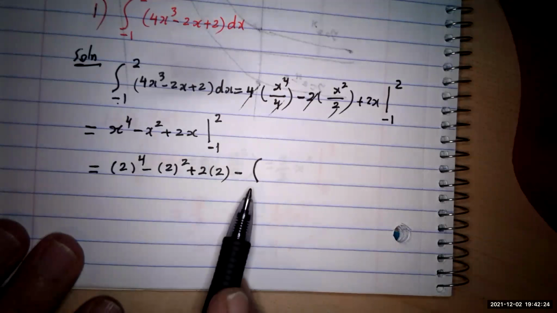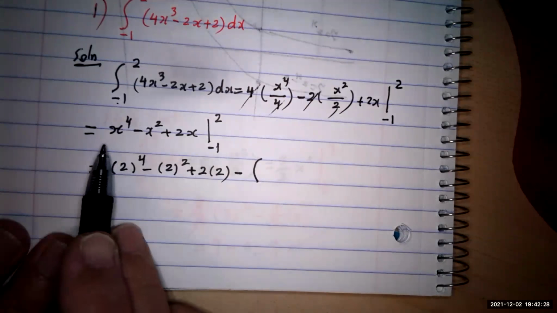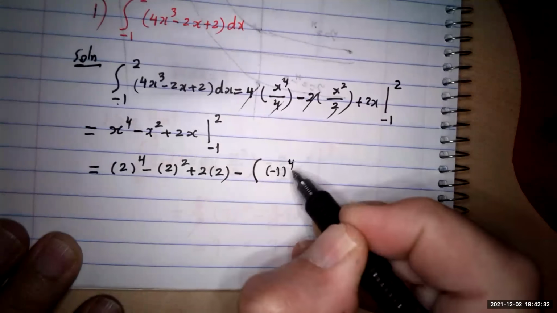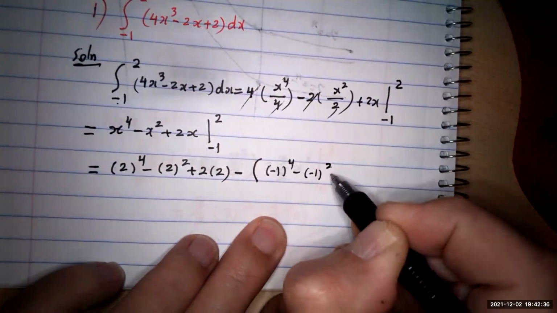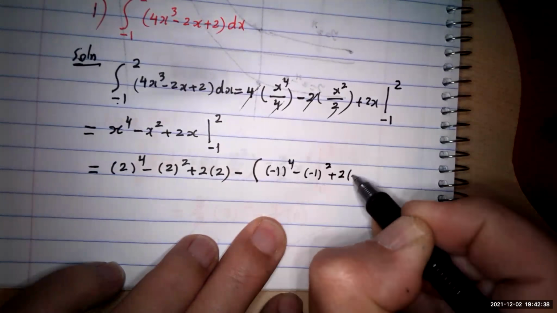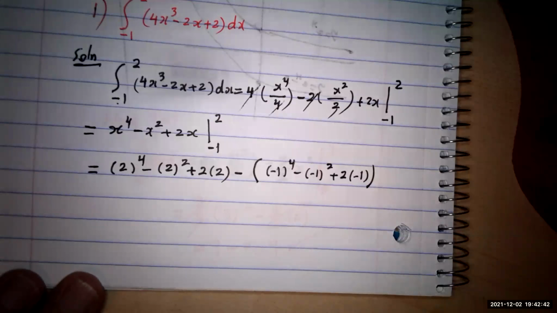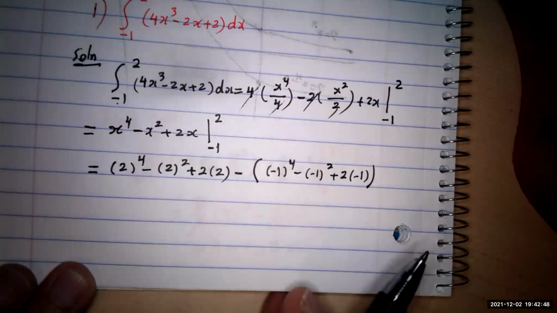You must keep the parentheses because of this negative sign. That's the second part. You replace x by 2, minus, replace x by -1.